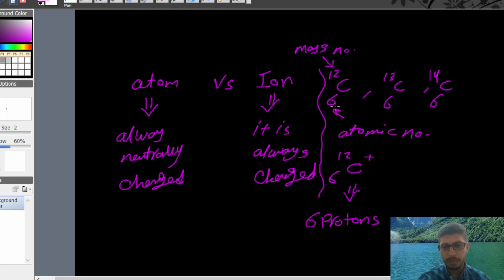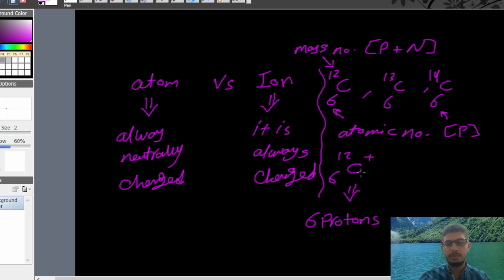This number always represents the number of protons, okay? And this number, the mass number, represents both the neutrons and protons. So the mass number represents the protons plus neutrons, and this number only represents the number of protons, okay?